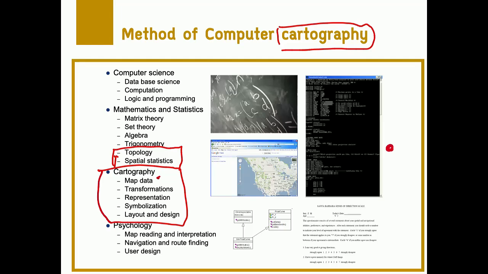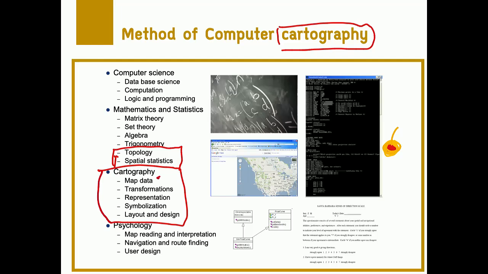For example, the heat map. From the heat map, you can see the magnitude of the density, or the magnitude of the data, which can represent the maximum clusters or the highest magnitude of that particular data. Right?